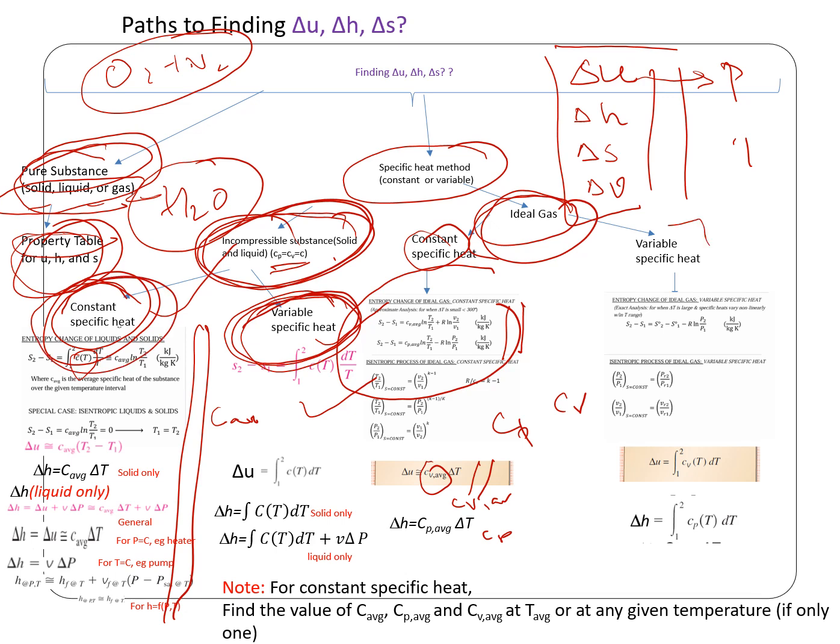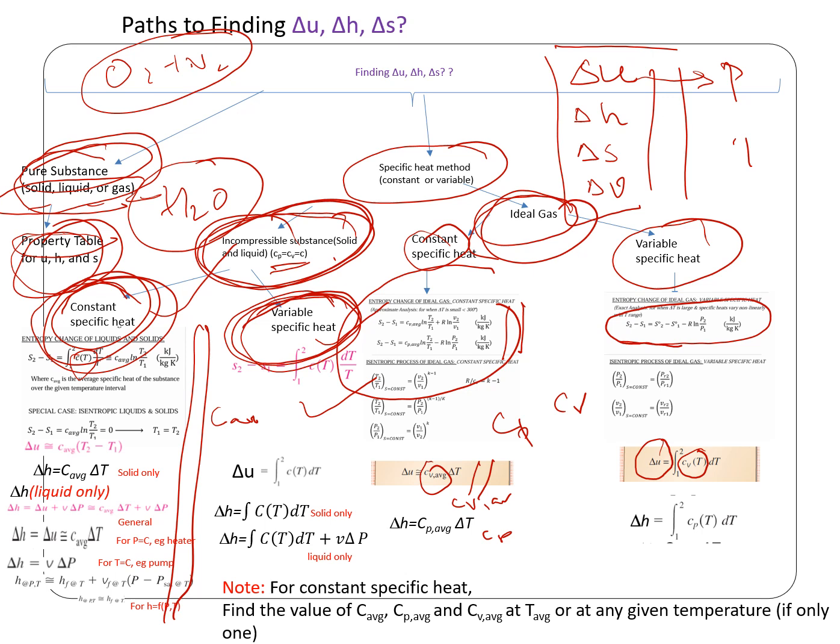If it's a variable specific heat, again, the change in entropy becomes a little bit complicated. For change in specific internal energy, Cv is a function of temperature, so you need to do the integration.